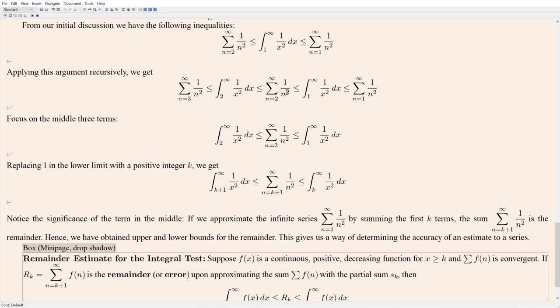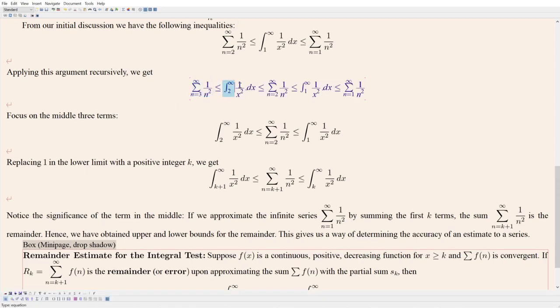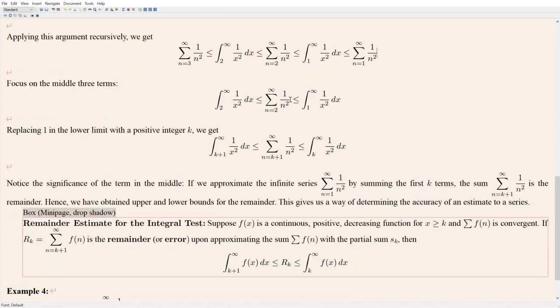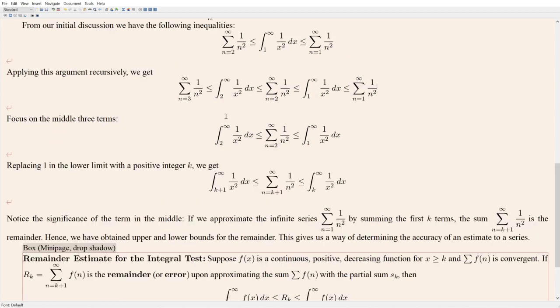Now, let's focus on these middle three terms here. Here, we have a series, and it is bounded on the left and on the right by improper integrals. Now, in general, we could have taken this chain of inequalities and kept it going as far to the left as possible, and at each step, the lower limit here is going to get bigger and bigger.